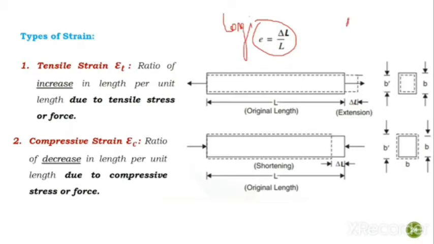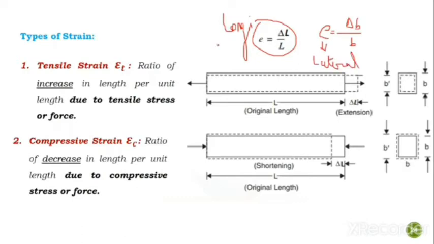But here you can also write delta B divided by B, which is epsilon, but it is lateral strain.